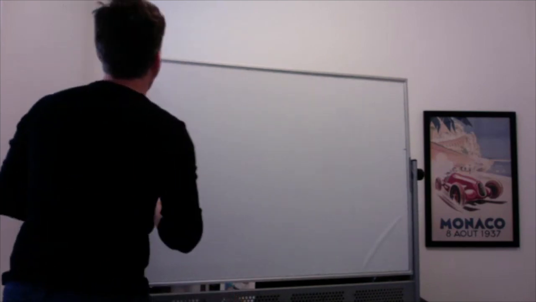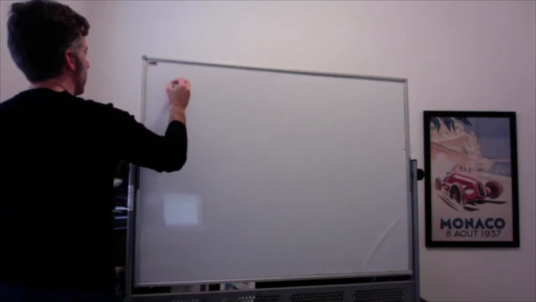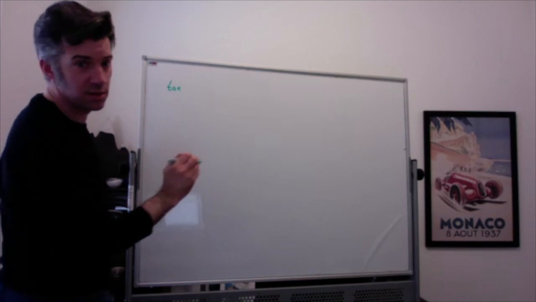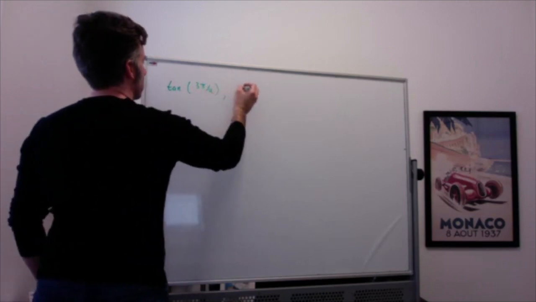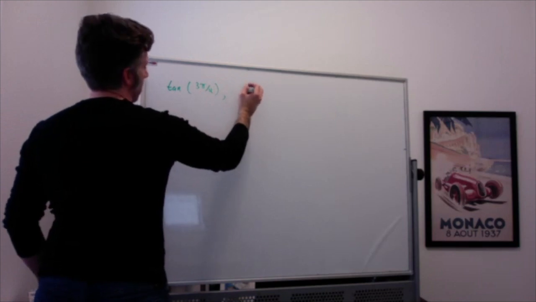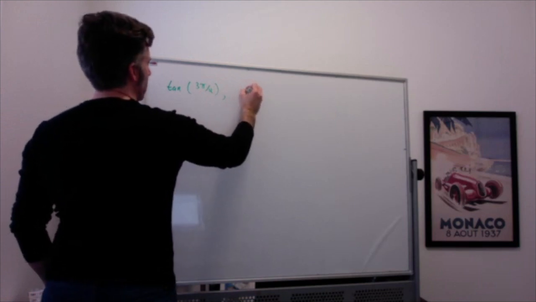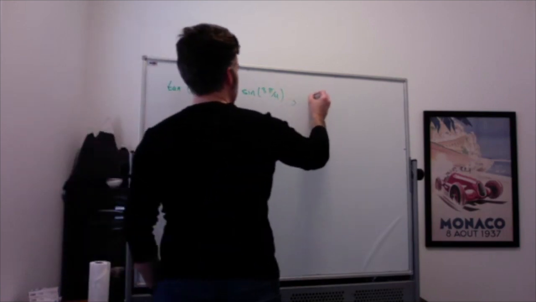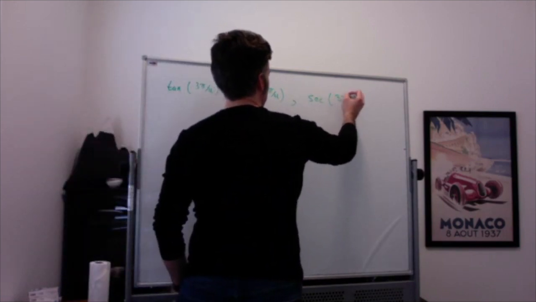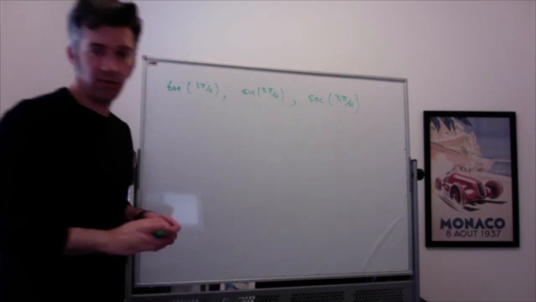So let's find tangent of 3 pi over 4. Let's do sine of 3 pi over 4 and secant, which is the reciprocal of cosine of 3 pi over 4.